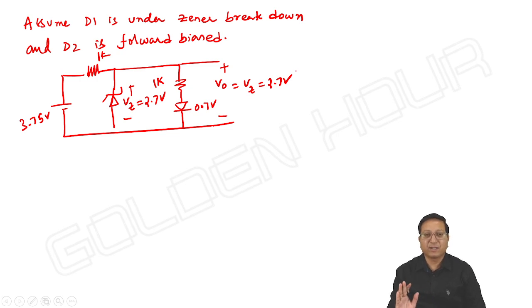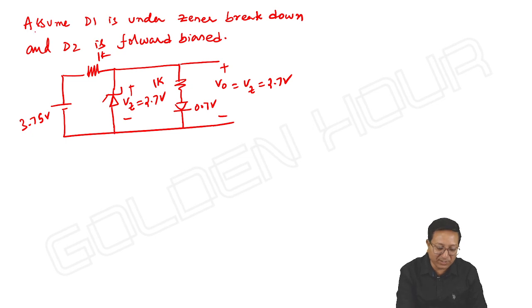But don't be happy with the answer you have got. When you have diodes connected in this fashion, it is always better to check. I started with an assumption. To conclude our assumption, we should find the currents through the ordinary diode as well as the Zener diode. So how to find those currents?